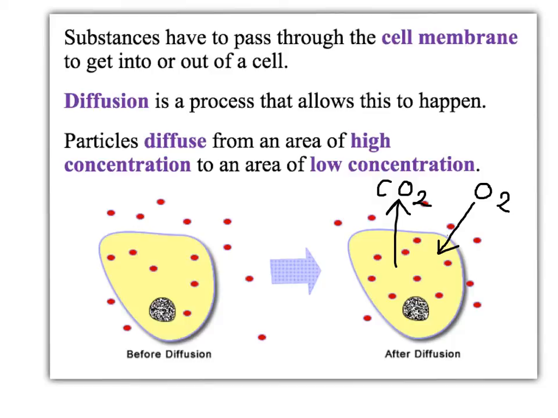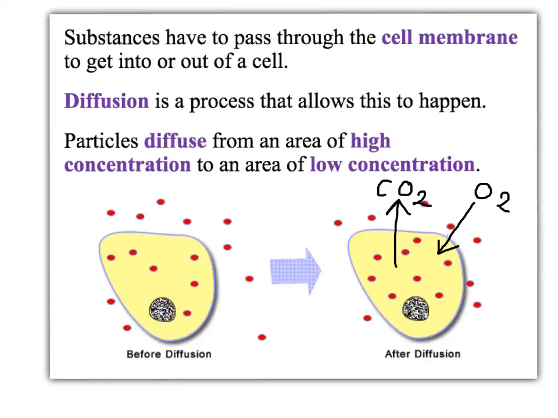So if we look at the diagram here, we can see there's more or a higher concentration of the particles on the outside compared to on the inside. So what happens is that the particles will diffuse inwards.